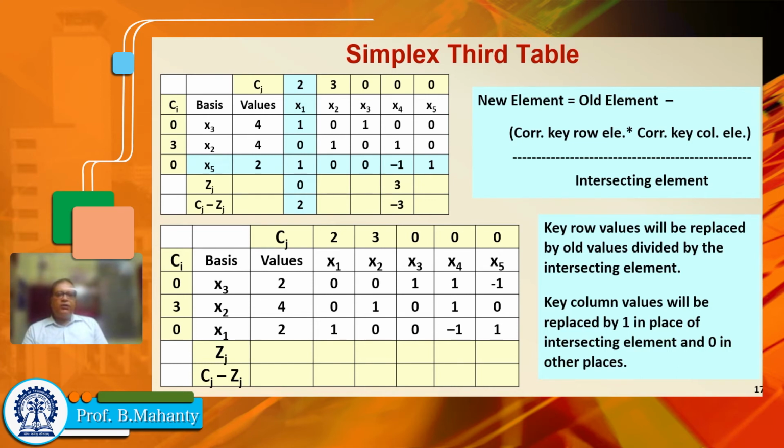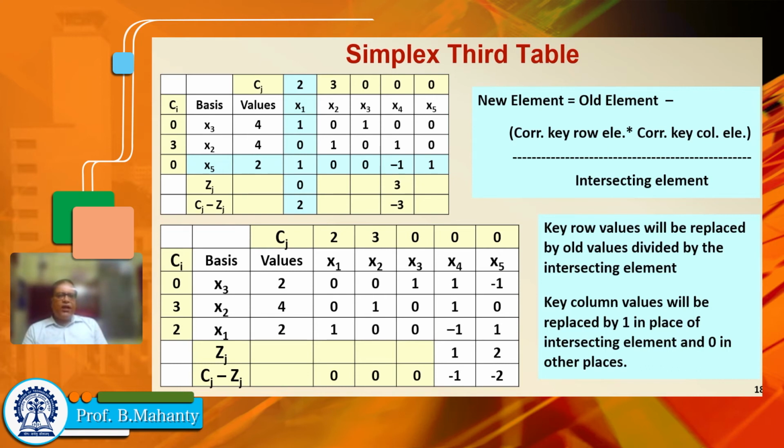Alright, so the third table is obtained, and we have to then compute the zj's and cj minus zj. We know that for basic variables they will all be zeros. Now we have to calculate only for the non-basic variables. One method is 1 into 0, 1 into 3, minus 1 into 2. So net zj is 1. And minus 1 into 0, 0 into 3, 2 into 1, zj is 2.